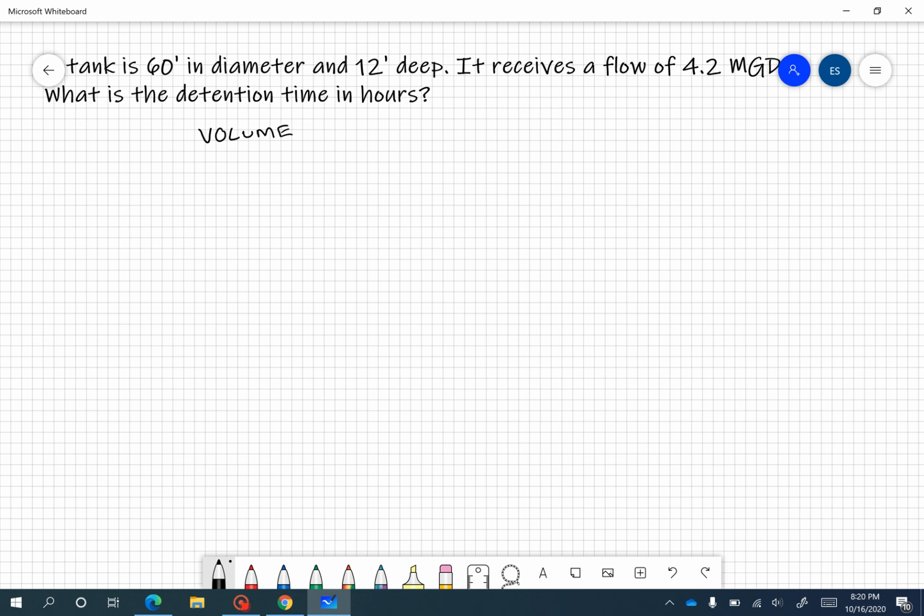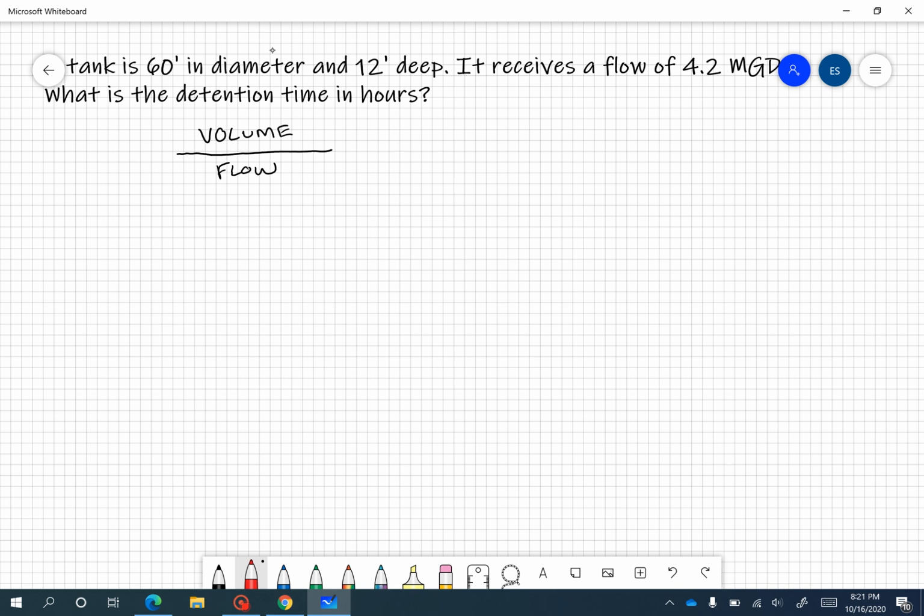You need to calculate the volume, and typically you're going to calculate that volume in gallons. And then you're going to divide it by the flow. Volume divided by flow. But the important thing here is you need to know what detention time they're asking for.